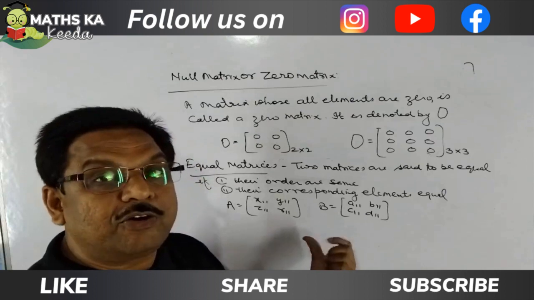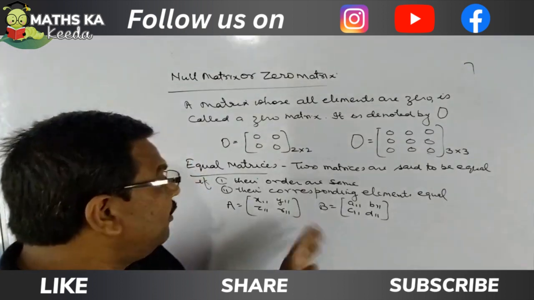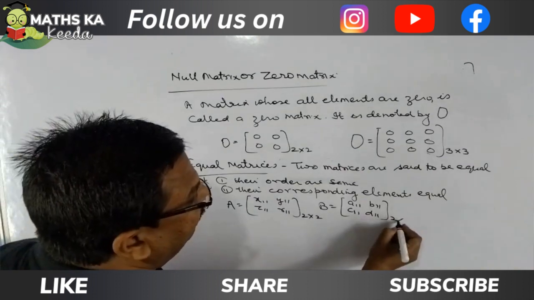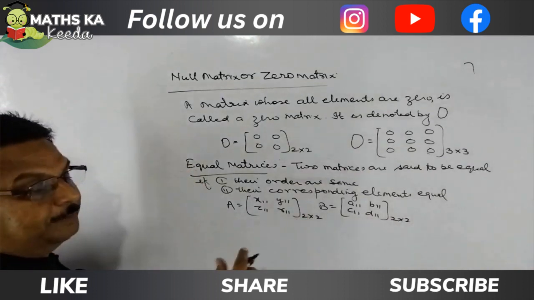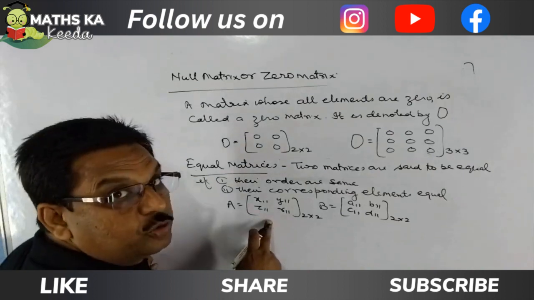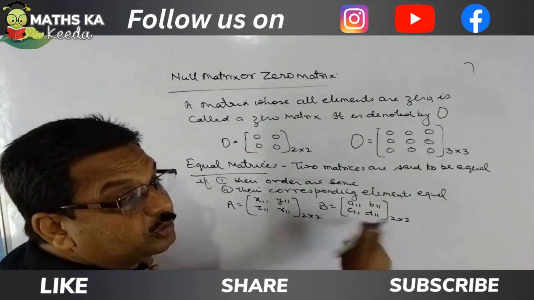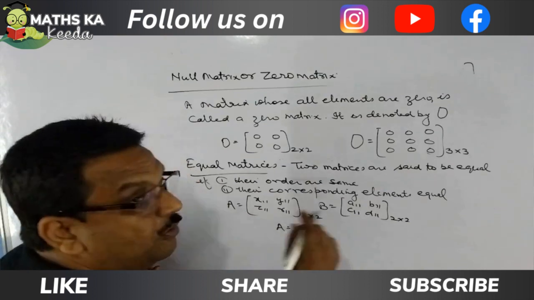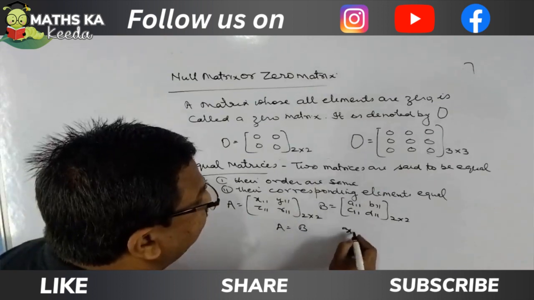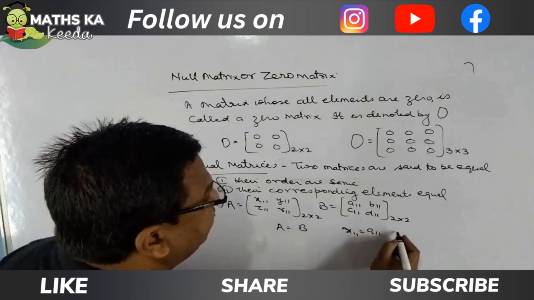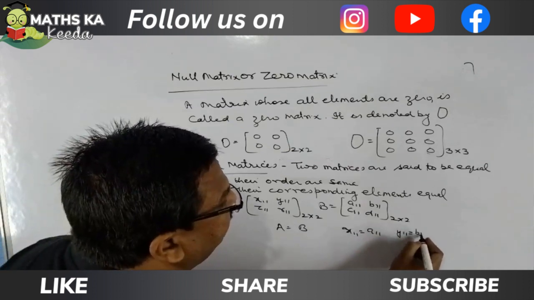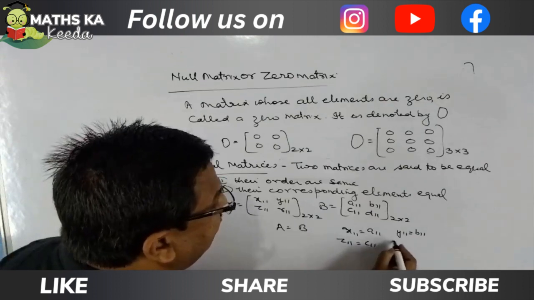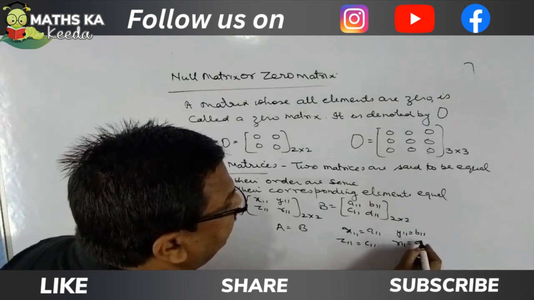First of all, check that the order of these two matrices is the same. Consider the order of this matrix is 2 by 2 and the order of this matrix is also 2 by 2. Matrix A is equal to matrix B. First of all, order must be same, and x11 is equal to a11, y11 is equal to b11, z11 is equal to c11 and r11 is equal to d11.